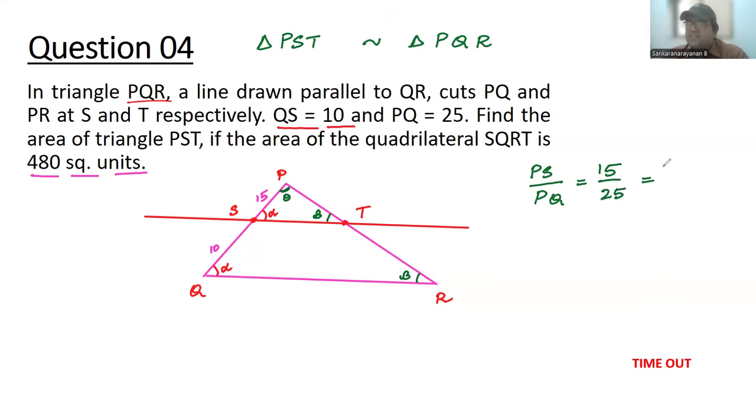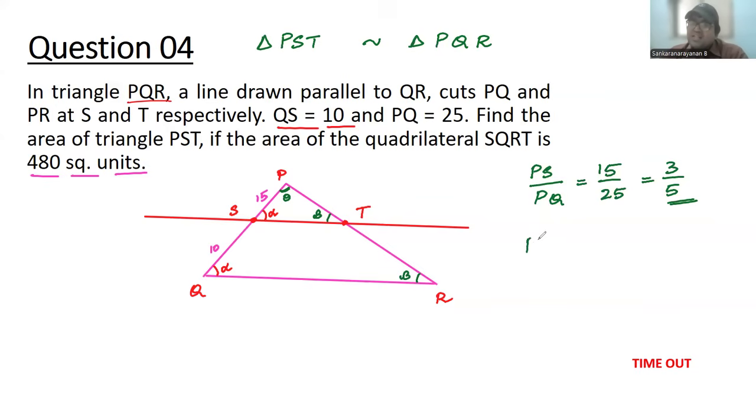Simplifying it, cancelling with 3, I can see that this will come as 3 upon 5. Don't you agree with me? So the ratio of the sides for triangle PST and triangle PQR will come as 3 is to 5.